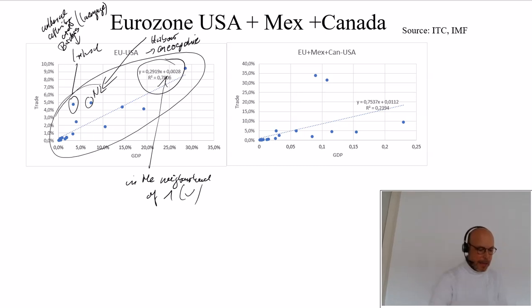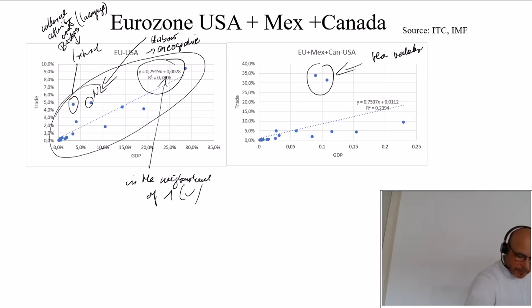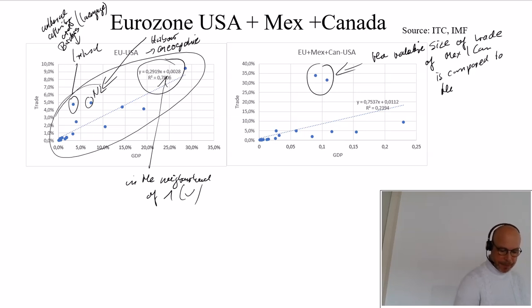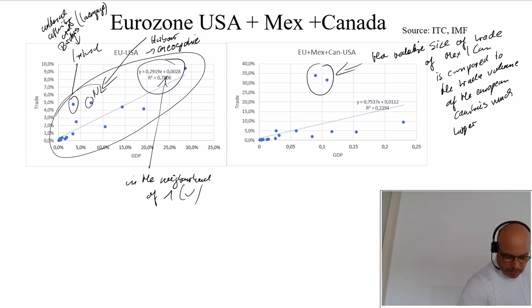Geography. Yeah, and then you see here the relative size of trade of Mexico and Canada compared to the trade volume of the European countries is much larger, and the explanation is the neighborhood.